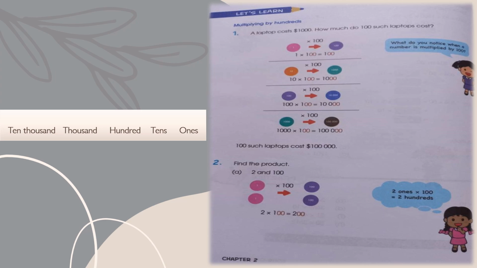Each disc multiplies with 100. So, we have 2 discs of 100. If we multiply 2 with 100, we have the answer 200. And we can write it as 2 ones in 200 is equal to 2 hundreds.